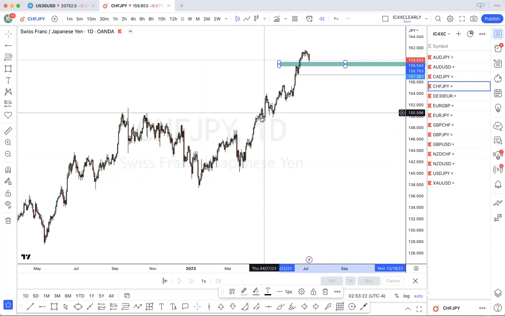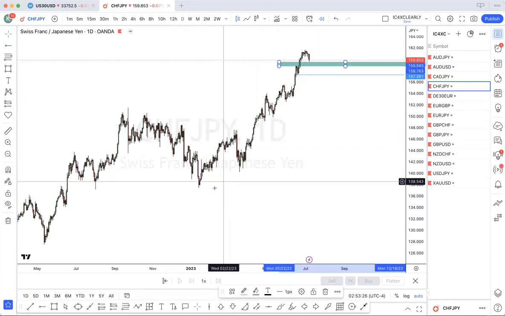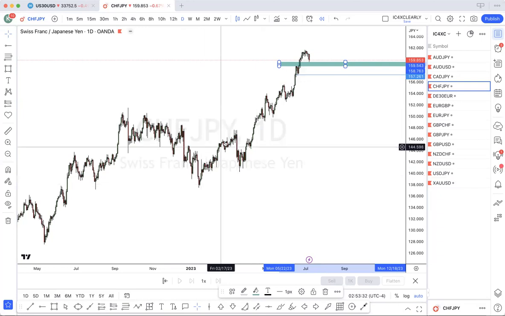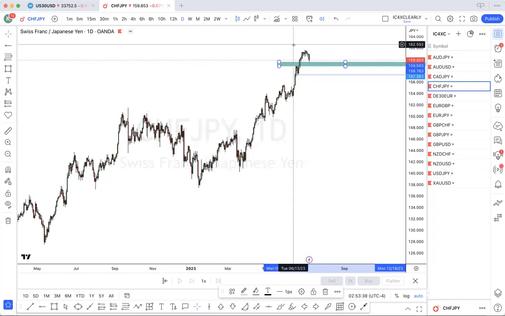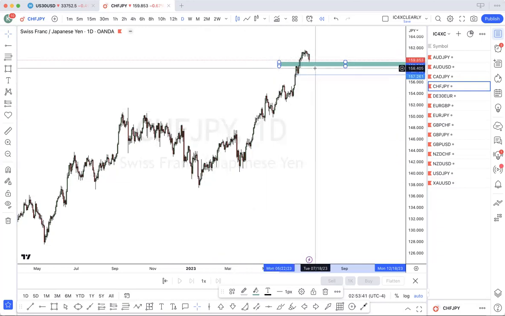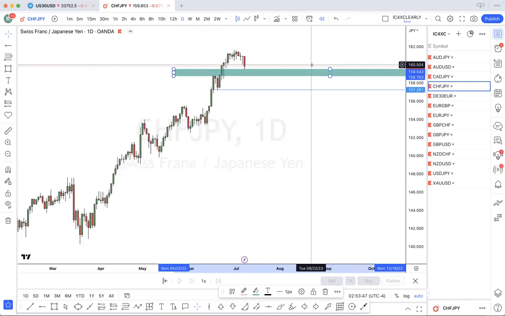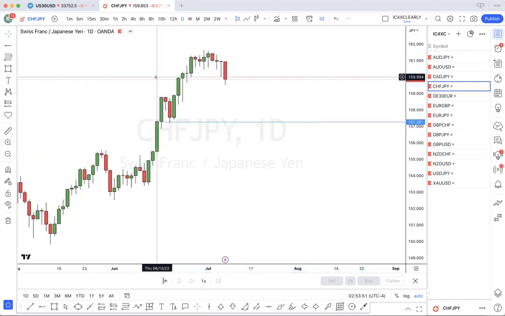Because this is the last swing, the last big swing, or the major swing, macro swing. Google it. The macro swing or the major swing. So yeah, I would definitely wait for, let me take this out.